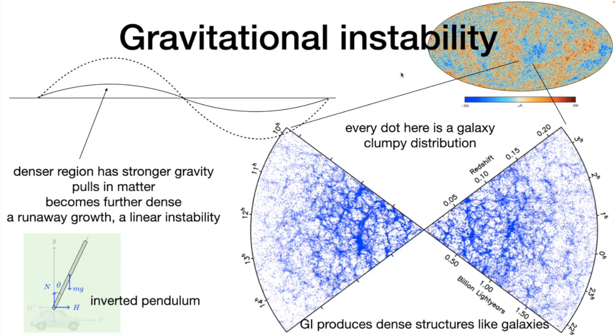If you have a uniform ideal gas, for example, and you bunch it up and leave it, it's stable, it just gives rise to sound waves. On the other hand, if you take gas which has self-gravity, and which is cold enough, it can become gravitationally unstable. And this is called Jeans instability.